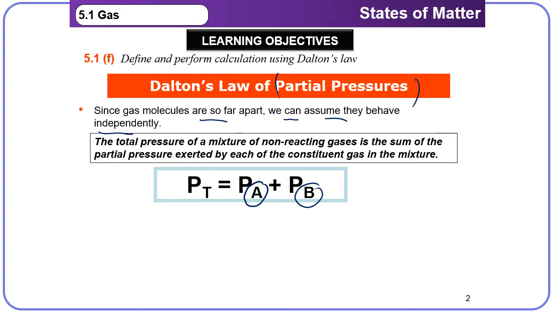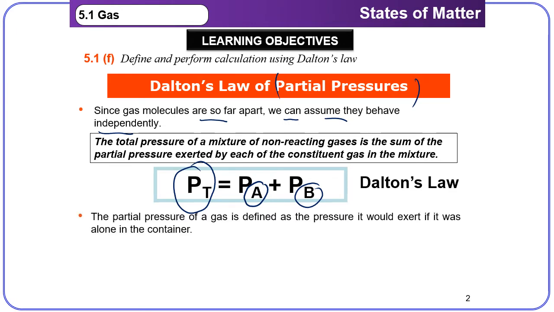If both of these two components are mixed together but non-reacting towards each other, the total pressure that is exerted by both of the components is the P total. So this is what we call Dalton's law.